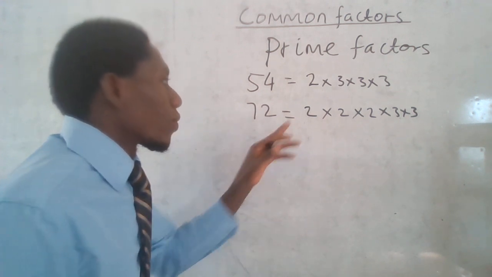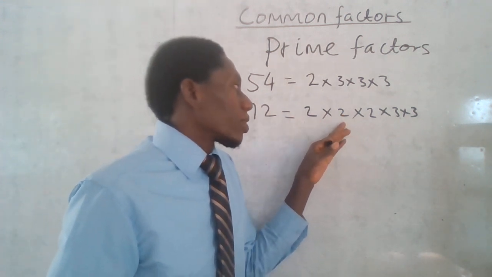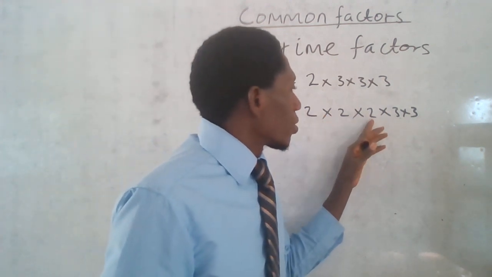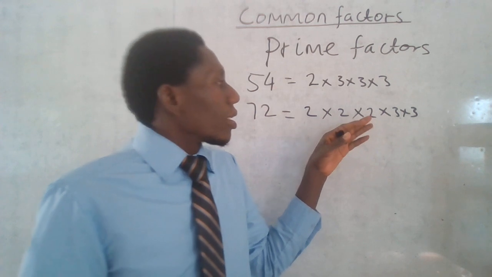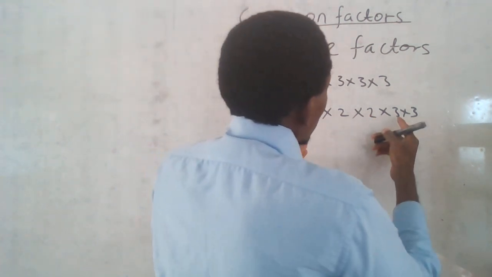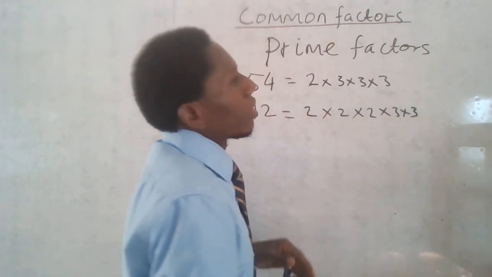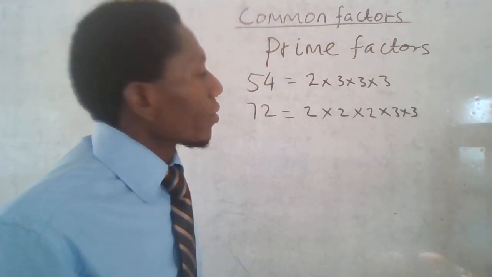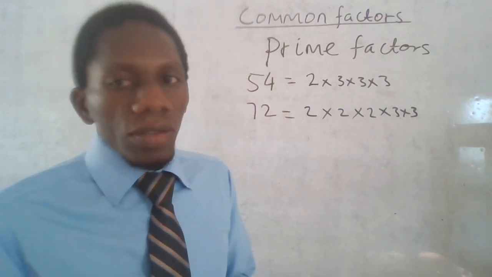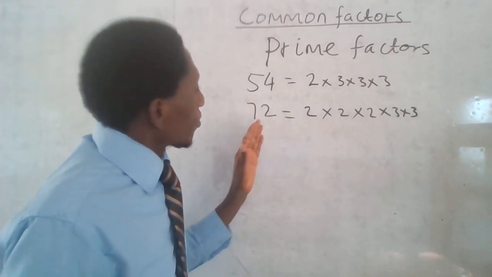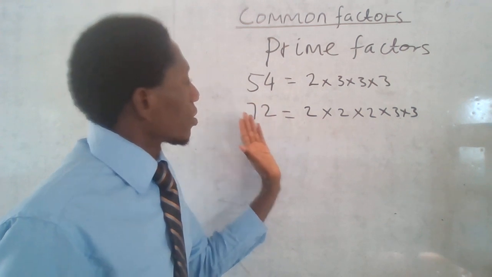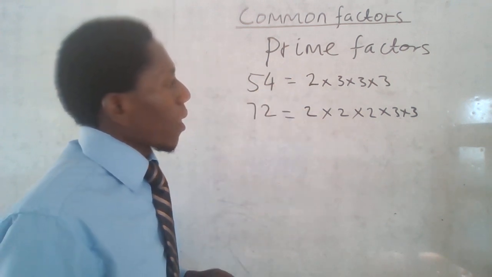Because 2 times 2 is 4, and 4 times 2 is 8, and then 8 times 3 is 24, and 24 times 3 is 72. So we have all these factors. These are the factors of 72 and 54.